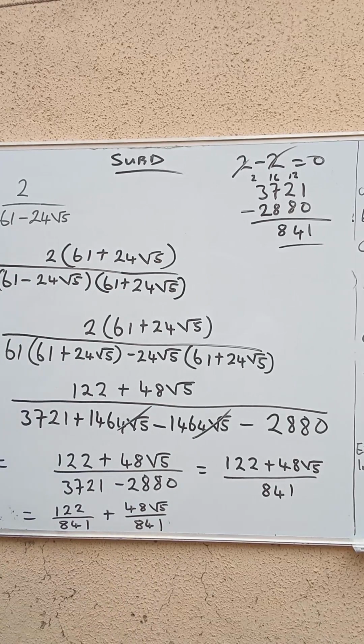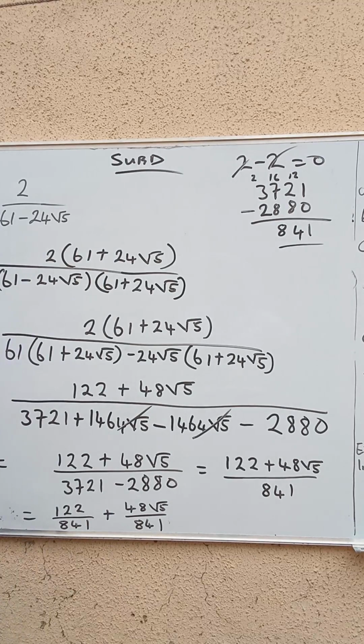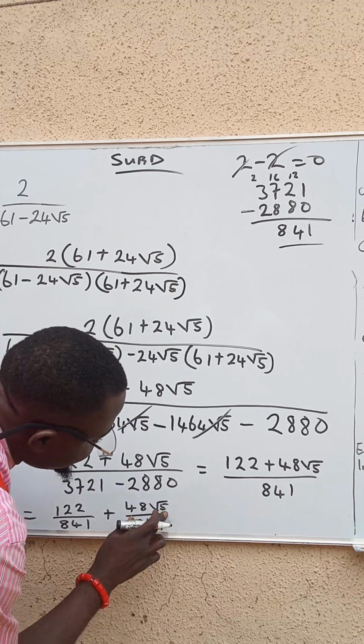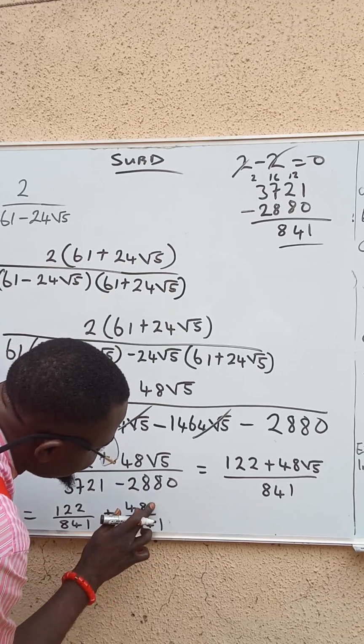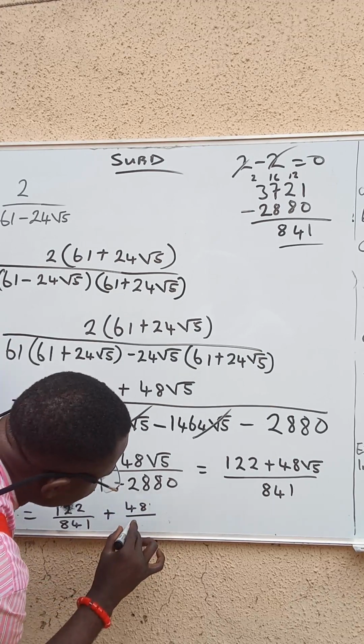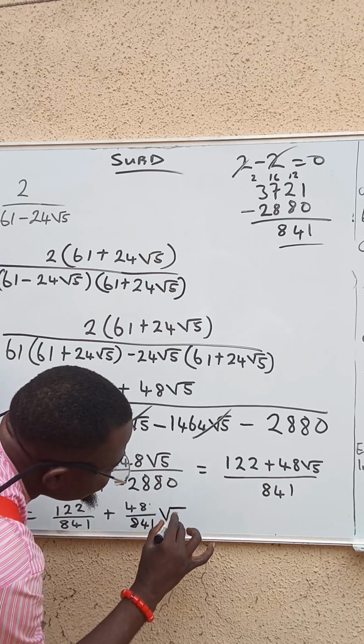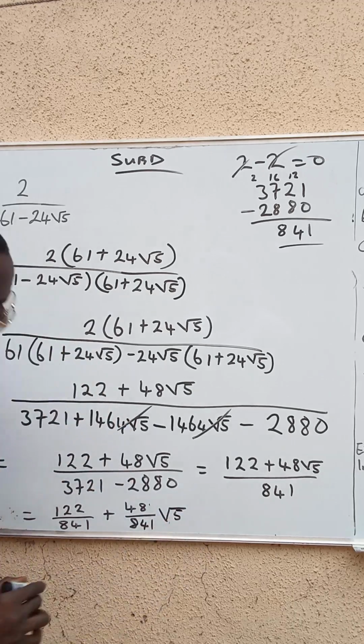So now this is in the form of A, B, and C. If you want to write it according to WAEC, you can easily bring this one here. Let me write it for you. 841. Then they'll now put it at the front like this. Root 5. This is the C.